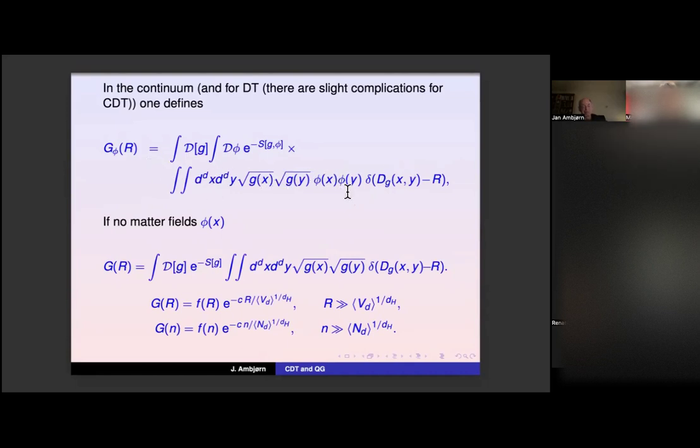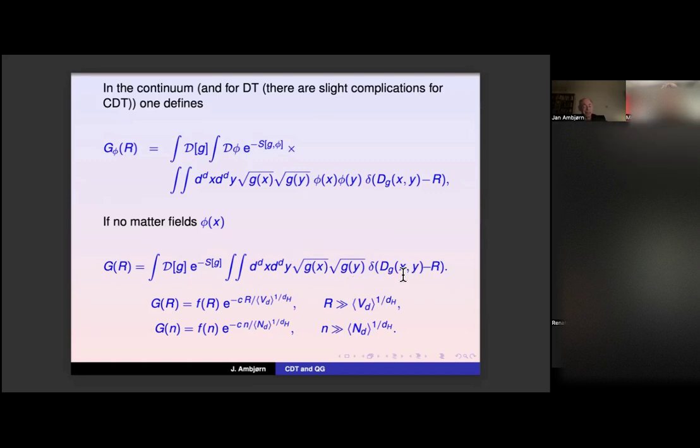But never mind. Now let's take the situation where there's no field phi. So we simply drop the field phi here. We drop this functional integration. Then you get something like this, and this is the 2-point function I'm talking about. So it's diffeomorphism invariant, and it's between 2 points, x and y. What's going on here?